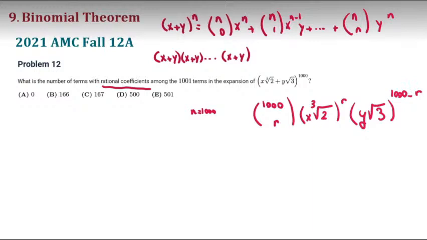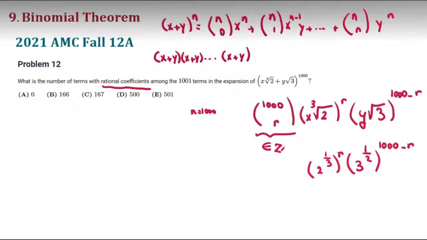Because we have a cube root here, r should be a multiple of 3, because 2 cube root is 2 to the power of 1 over 3. And this part is an integer always, you don't need to consider this. x and y are not important. Root 3 is 3 to the power of 1 over 2, to the power of 1000 minus r.